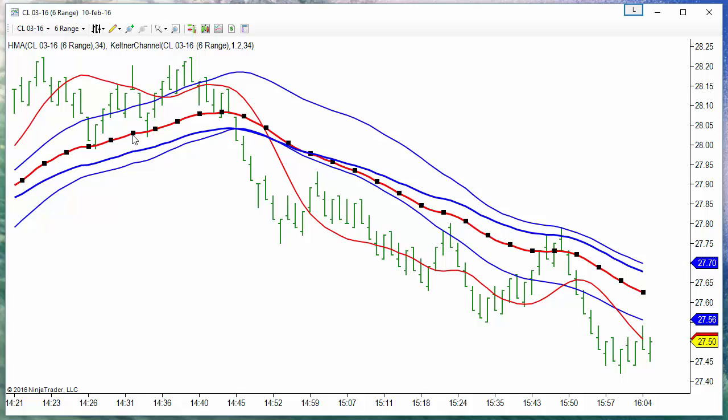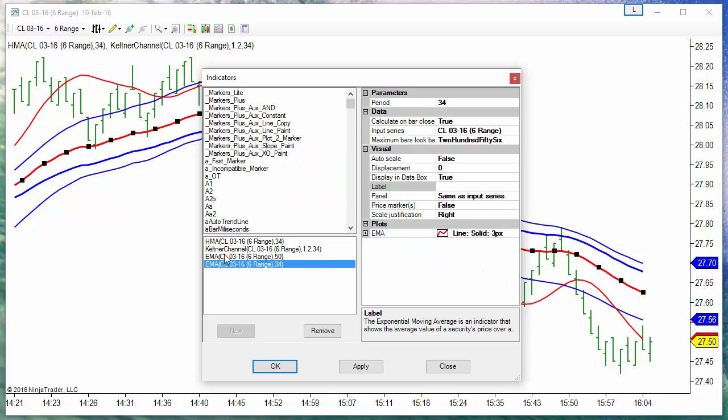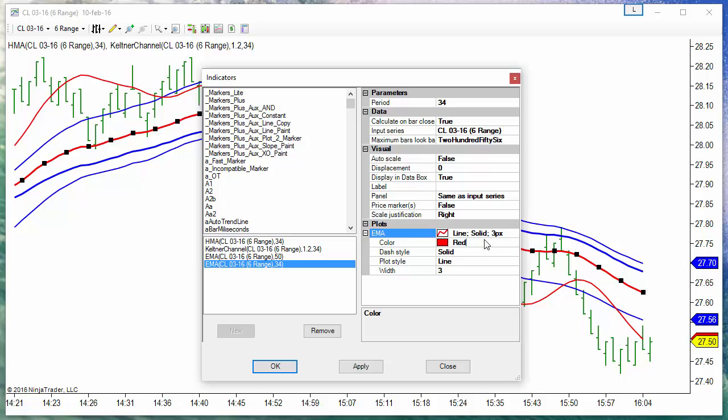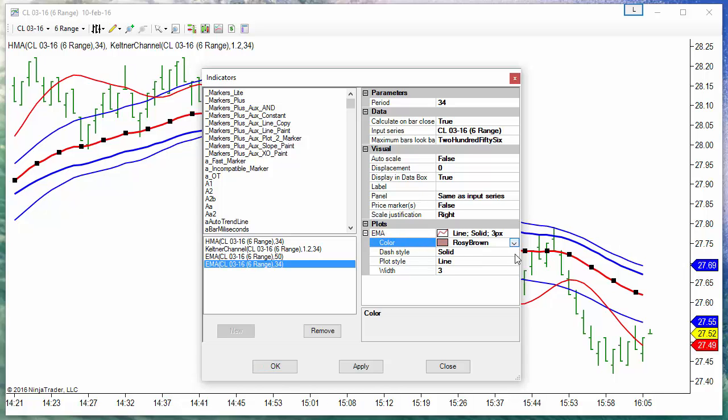Let's use different colors. For the fast I will use gray, and for the slow, black.